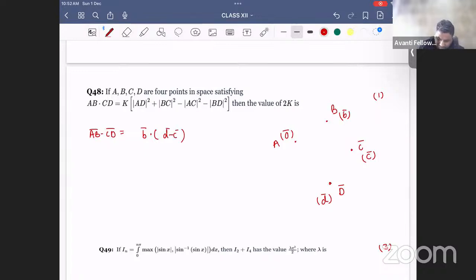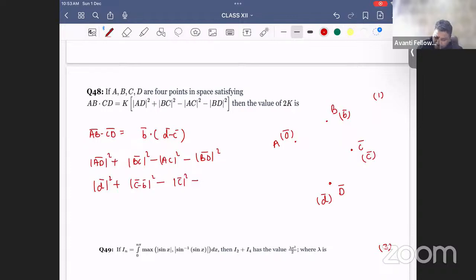Got it? Now I do magnitude AD square plus BC square minus AC square minus BD square. Correct? So AD, A to D is vector D square. B to C is what? C minus B square. A to C is C square.